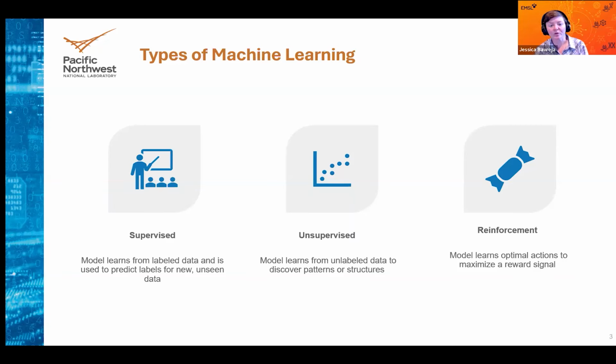In unsupervised approaches, the model is learning from unlabeled data. So you're not telling the model anything about what's in there. You're just discovering the patterns or the structures that exist without any guidance. And then reinforcement learning teaches models to take optimal actions to maximize a reward signal.